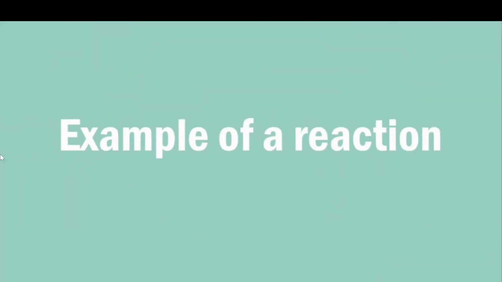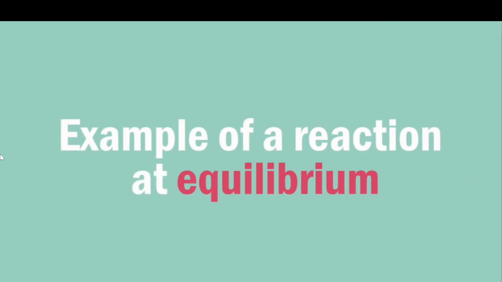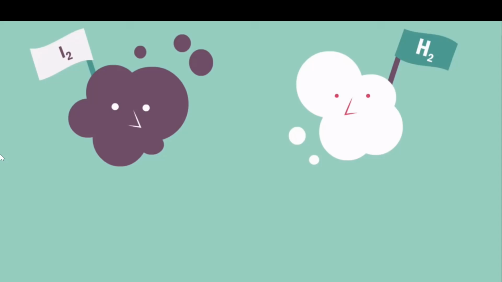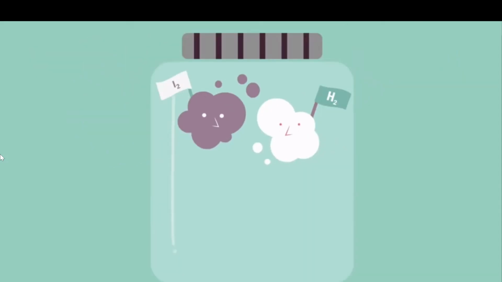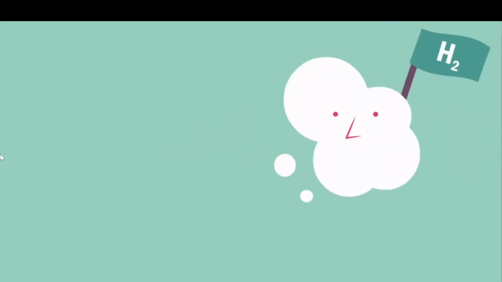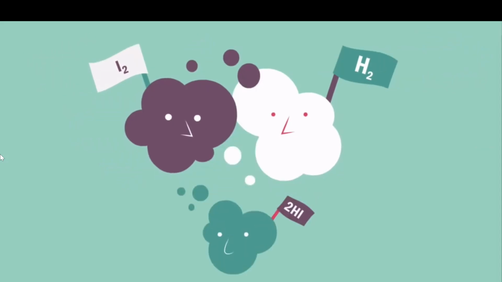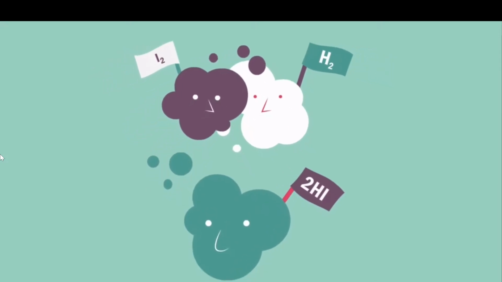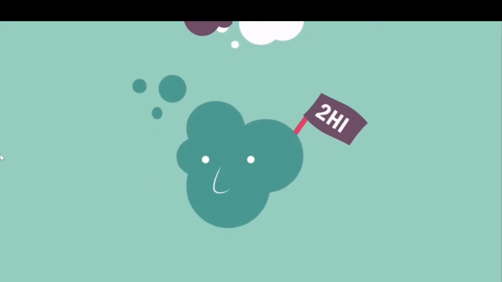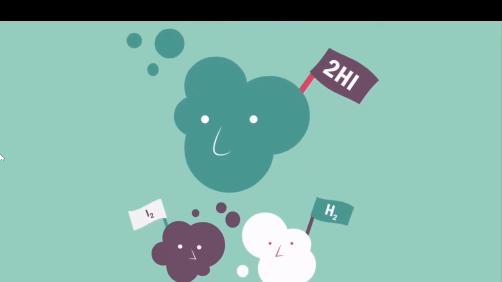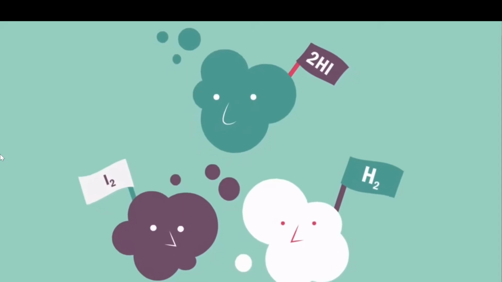An example of a reaction at equilibrium is the reaction of hydrogen and iodine in a closed container to produce hydrogen iodide. At the start of the reaction, there is a high concentration of hydrogen and iodine, and the concentrations decrease as hydrogen iodide is formed. The concentration of hydrogen iodide increases as the forward reaction proceeds. As hydrogen iodide is formed, the reverse reaction is then able to occur.